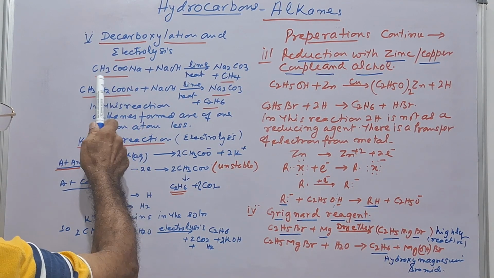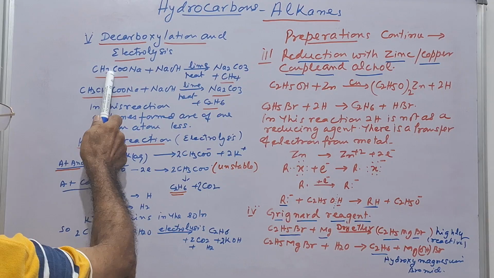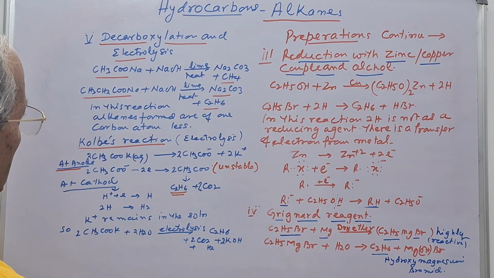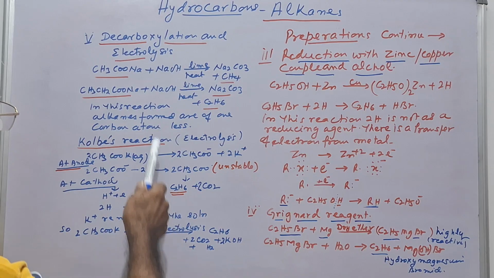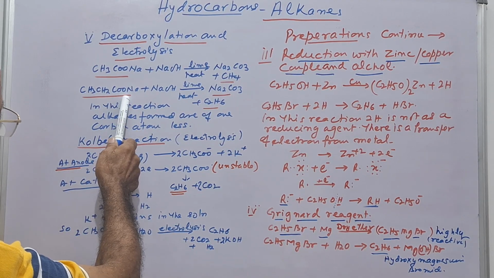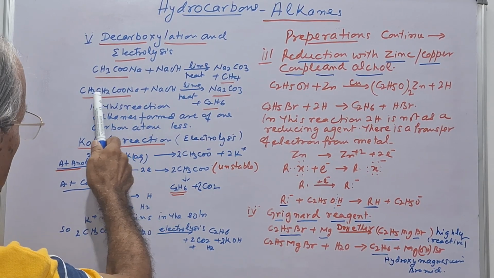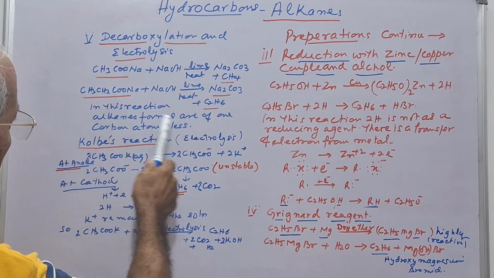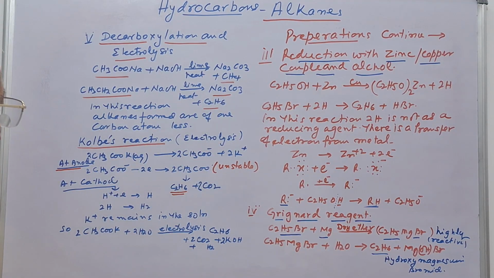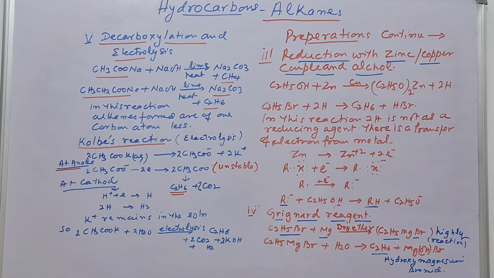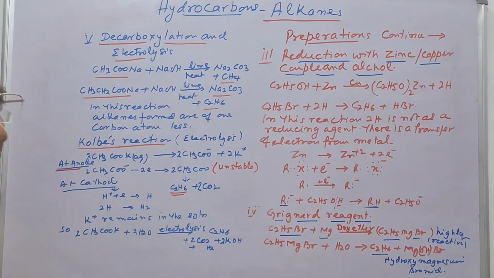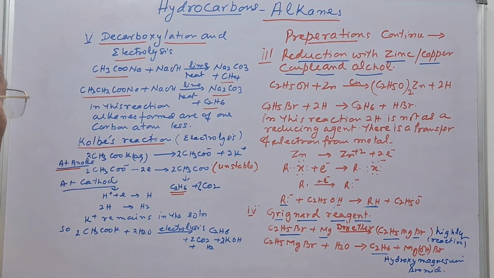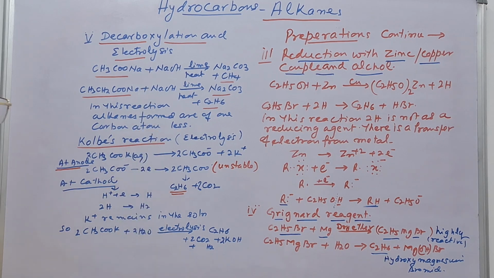See here, in the case of sodium acetate, two carbon atoms are there, and we get methane. And in the case of sodium propionate, it contains three carbon atoms, we get ethane. So in this reaction, the alkanes formed contain one carbon atom less than the parent compounds.